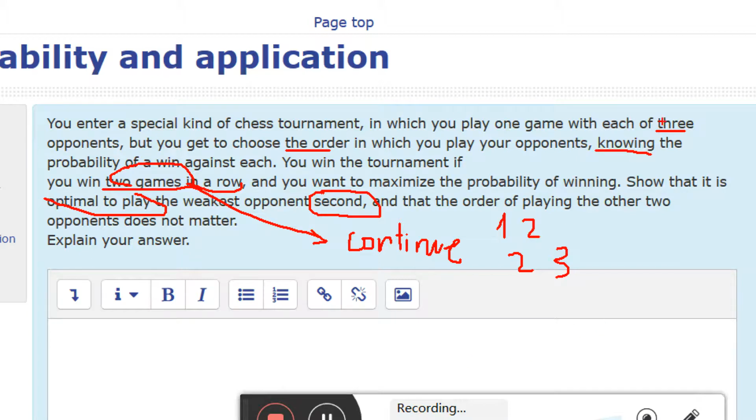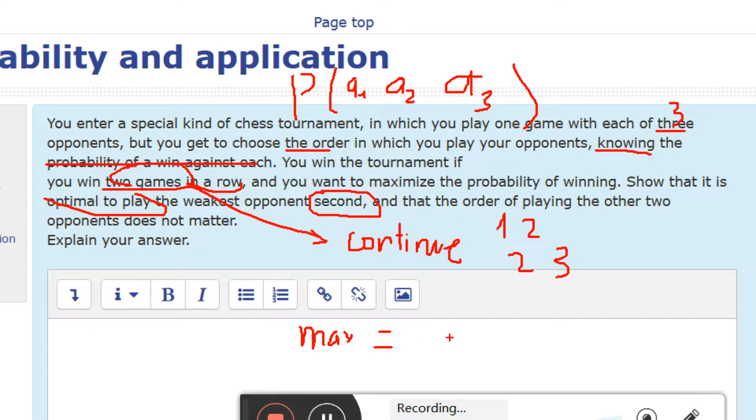So you can see A1, A2 and A3, and the probability for you to win each of them. For example, assume the maximum is A3, A2, which means that player 2 is the weakest.